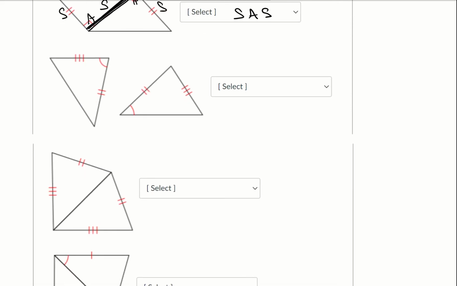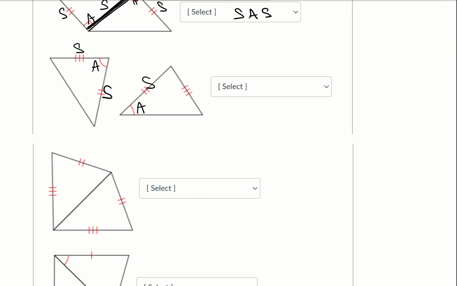And then for this next set of triangles, we have a side corresponding to a side here. We have an angle corresponding to an angle. And then we have a side not corresponding to a side that would normally be on the other side.